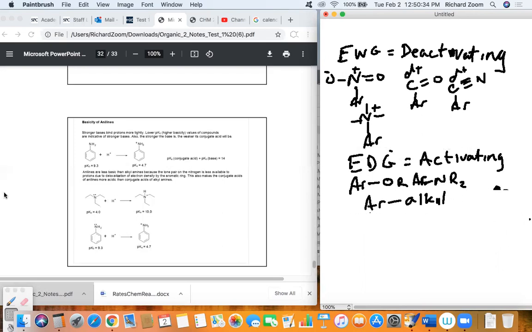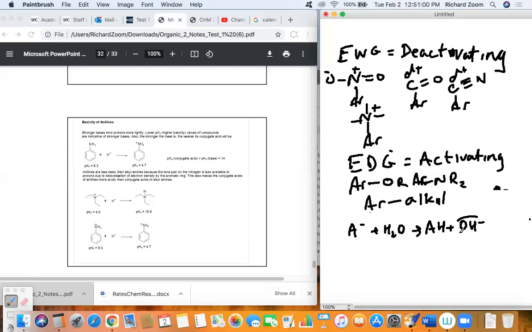Now I've shortcutted this a little bit, but I will just show you something here. If you've got something that's negatively charged and you put it in water, it will become this kind of situation.